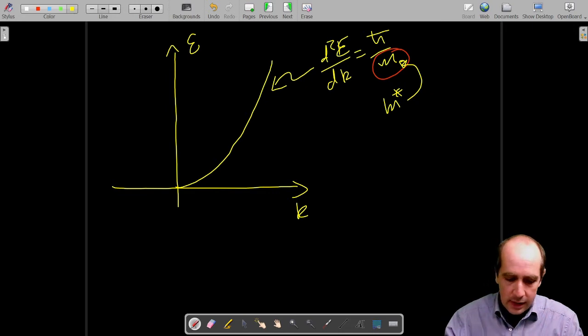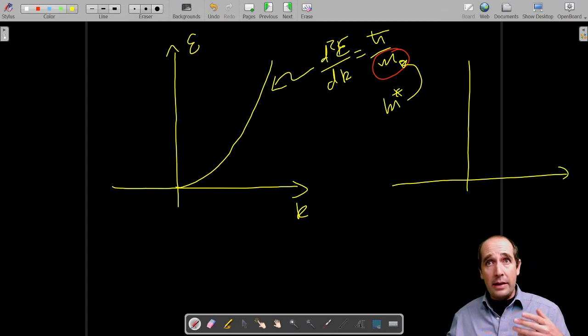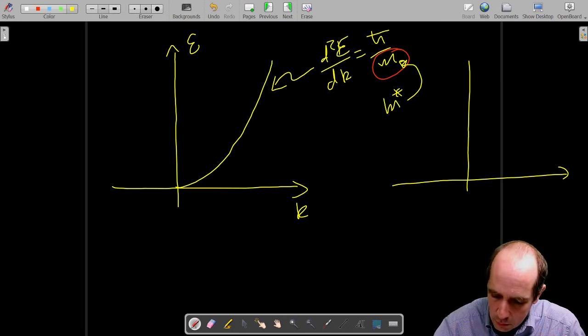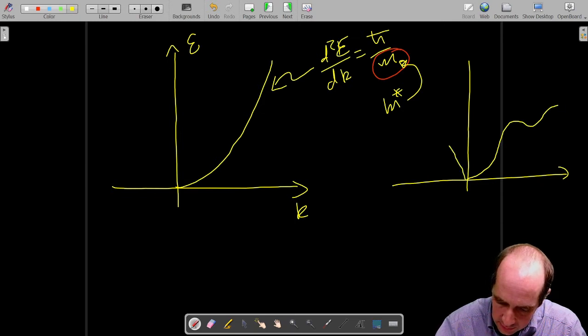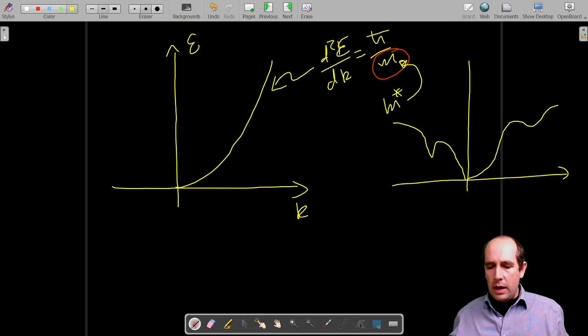The truth is that the structure of a real band in a real crystal is not necessarily just a very simple parabola. It can be something a bit more complicated, something like that. This is actually the shape of several band structures of real crystals.